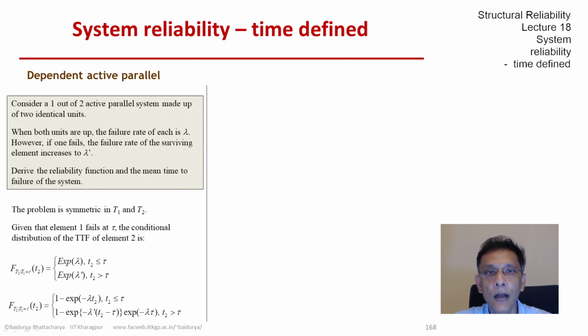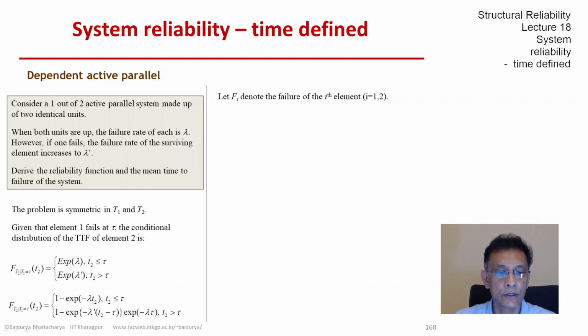So T2 minus tau is the resetting with a new rate lambda prime. But the second factor, exponential minus lambda tau, that comes at the end of that line, is to acknowledge the fact that T2 can only do what it's supposed to do after element 1 fails if it itself survives up to that time. So the probability that element 2 survives up to tau is that second factor, exponential minus lambda tau.